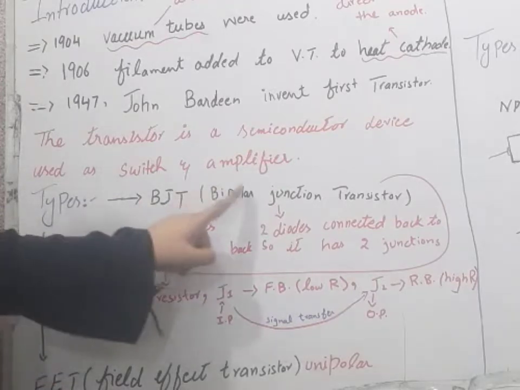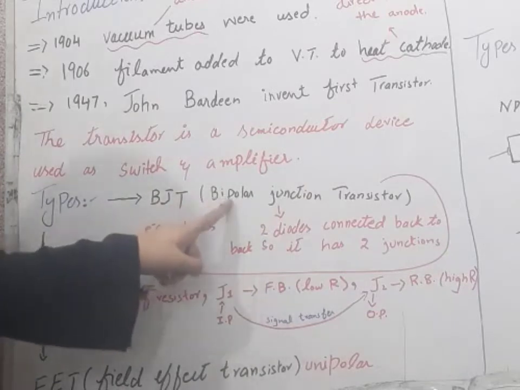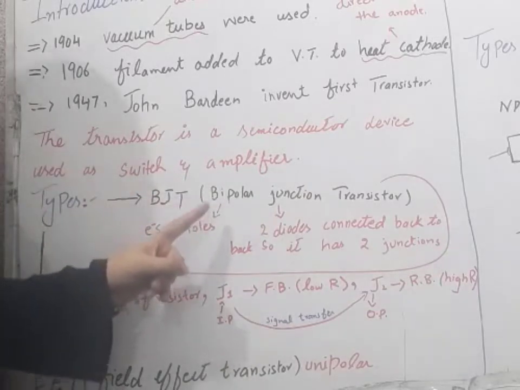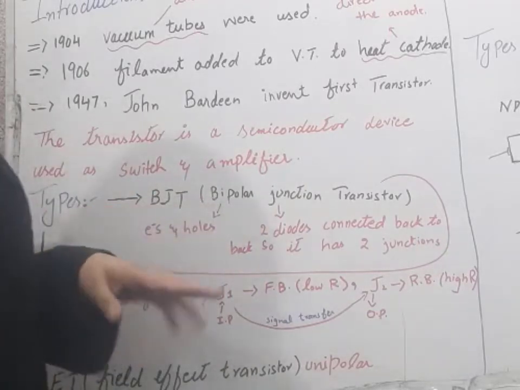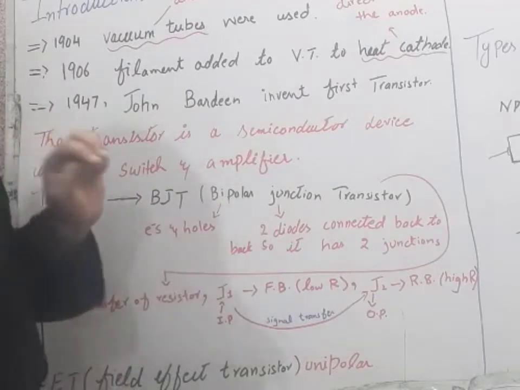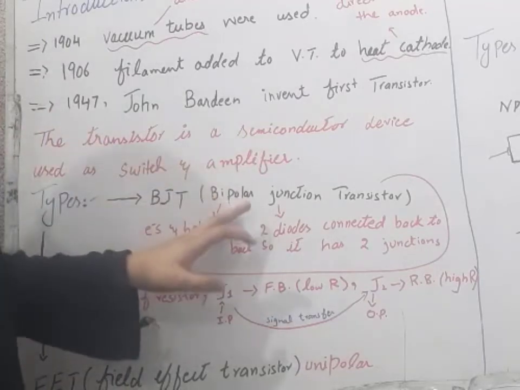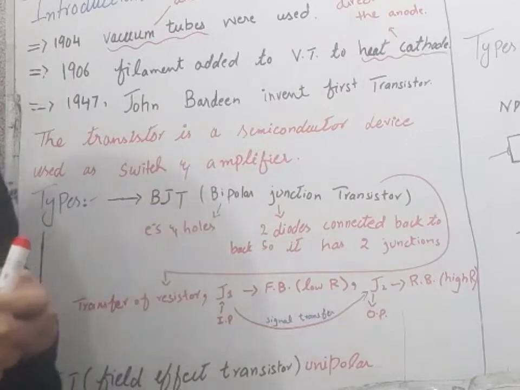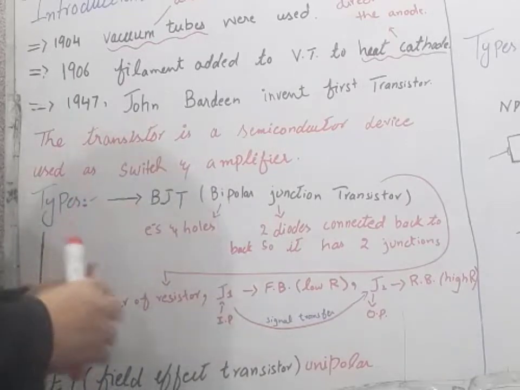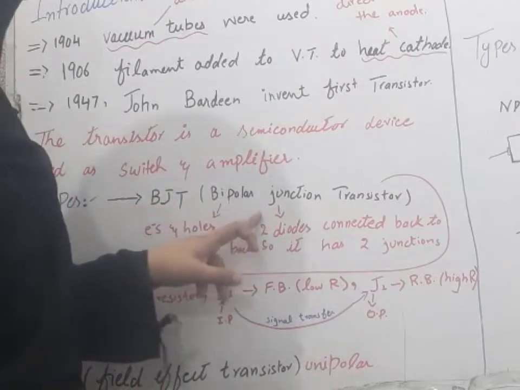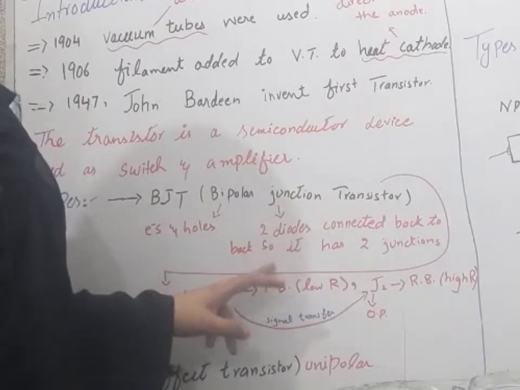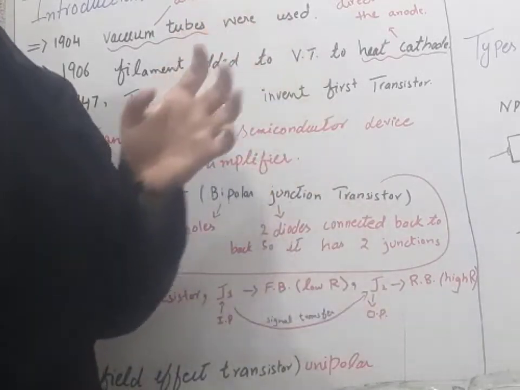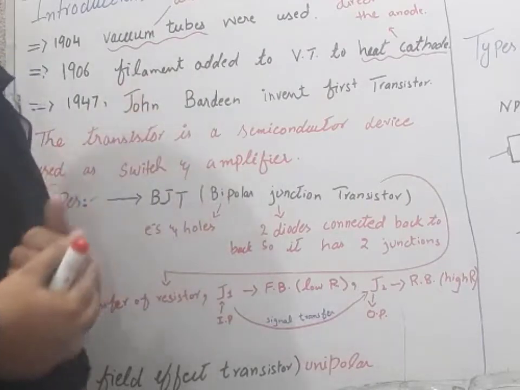The bipolar junction transistor, the word bipolar means it will have two kinds of charges, electrons and holes. The word junction in the bipolar junction transistor predicts that there will be two diodes connected back to back, so it has two junctions. What is diode?